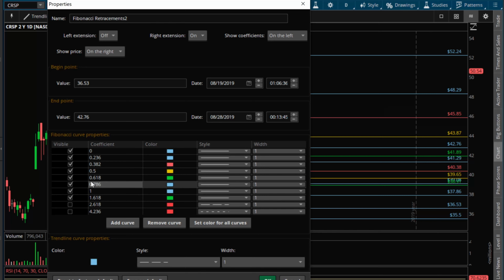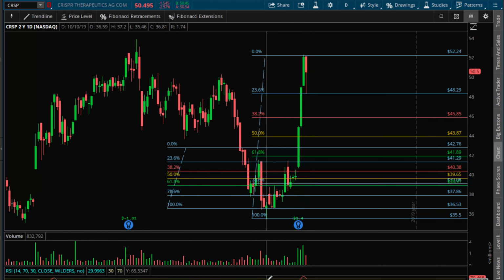That allows you, if a candlestick is covering up one of the levels, to know what level you're at just based on the color or the color preceding it. So I do like to change those up. You can make these lines thicker, you can do whatever you want here, and then just make sure you save as the default. So when you pull up the retracement tool again, it'll be saved out that way.